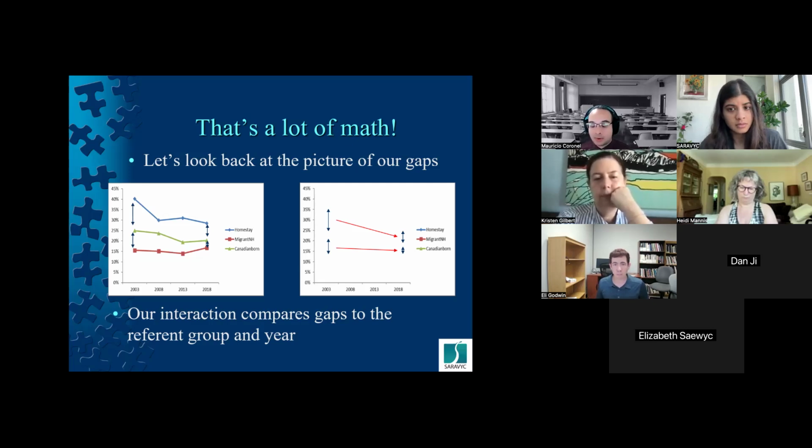The red arrow is telling us that that is the comparison. We're looking at the big gap in 2003 compared to the small gap in 2018. When we put it in a picture like that, yes, the gap's getting smaller. And with the math that we do, we check whether that shrink of the gap is significant, whether that difference is making a difference.